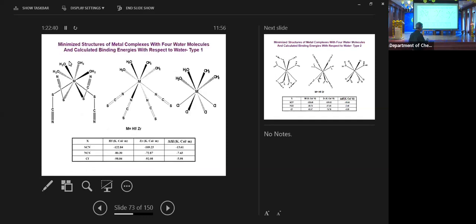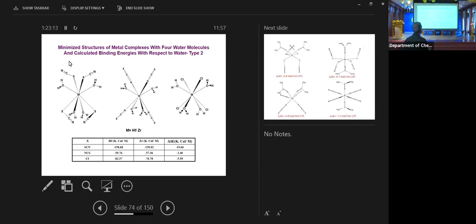That is the delta delta E, the difference between these two. For whatever configuration I take, hafnium is more stable, but only when you put thiocyanate. Without thiocyanate, they don't give that much energy. With a simple chloride I hardly have 5.98, but with the thiocyanate it becomes almost 2 to 3 times more. So that is the reason why thiocyanate is added.